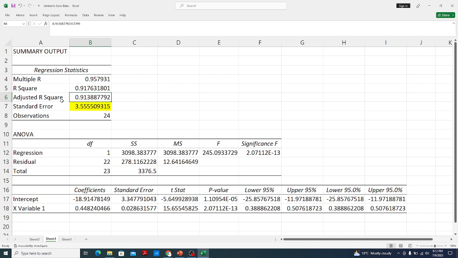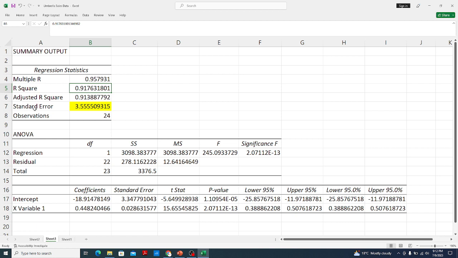Remember, when we are talking about multiple linear regression, we are talking about more than two independent variables. If you have more than two independent variables, then you will have to consider adjusted R squared. Then for a simple linear regression with only one variable, you can use R squared.